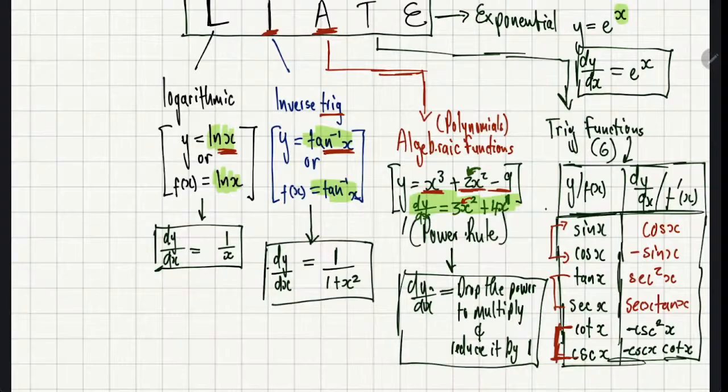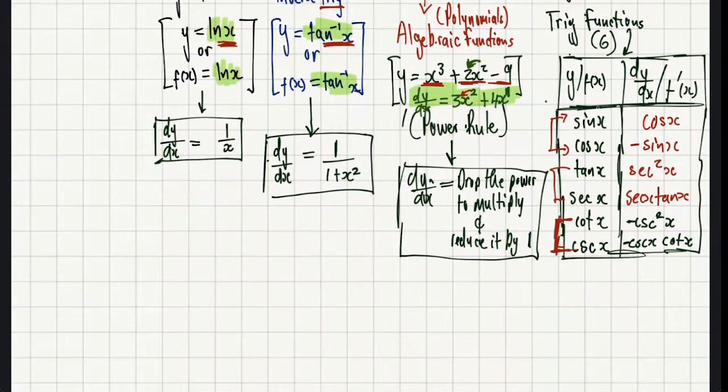Then we saw the 6 trig functions and their derivatives. And it will be sine of x, cos of x, tan of x, sec of x, cot of x, cosec of x. These are functions of x and their derivatives.